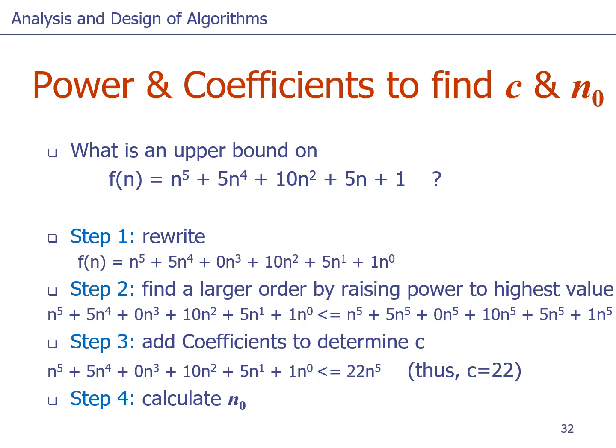The next step, I'm going to add these coefficients. So the total sum of all of these coefficients has to be 22. It's 1 plus 5 plus 0 plus 10 plus 5 plus 1, so that will be 22. So the left hand side in step number 3 has to be less than or equal to 22n to the 5.